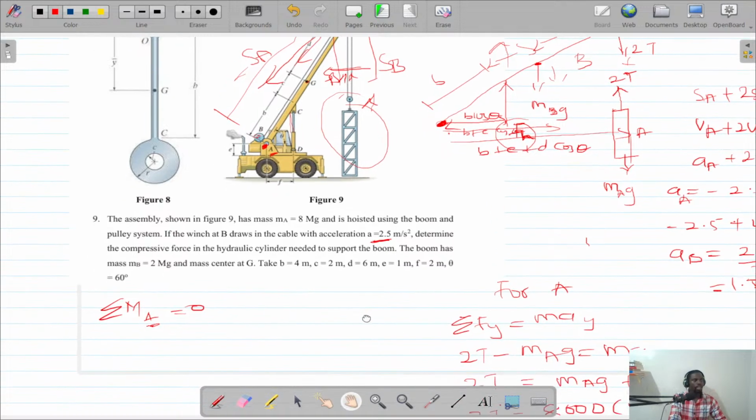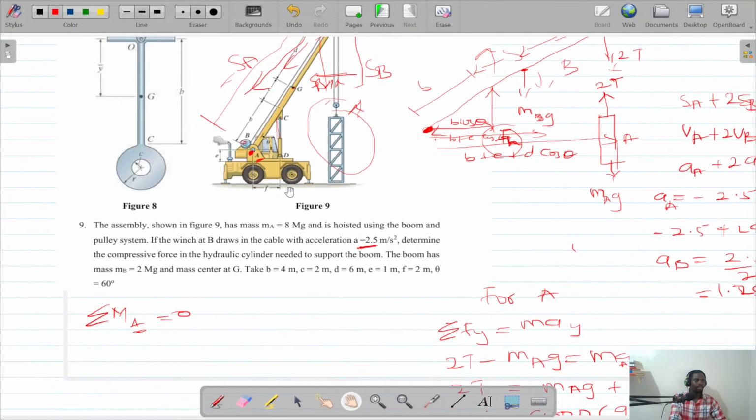So taking moments about that point, I have the hydraulic force, which I made Fh. So Fh multiplying B cos 60, and it is counterclockwise. But the weight wants to go down, so it should be clockwise. So minus the weight: we have 2,000, so 2,000 times 9.81 multiplying B plus C cos 60.